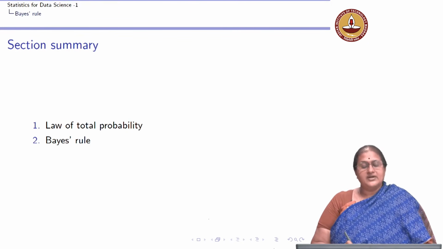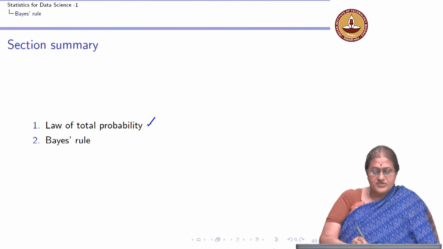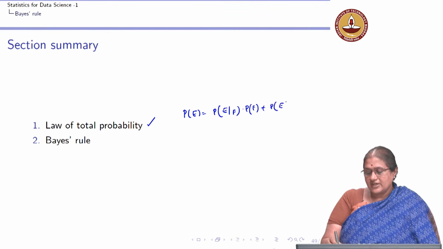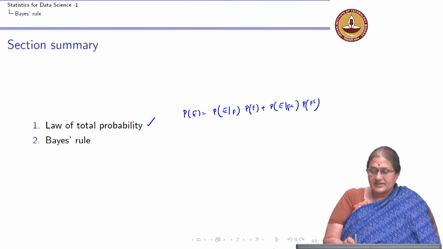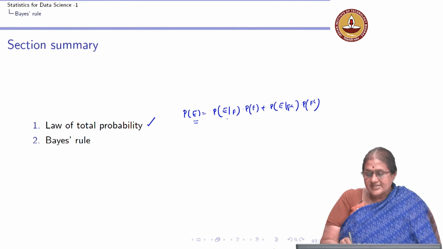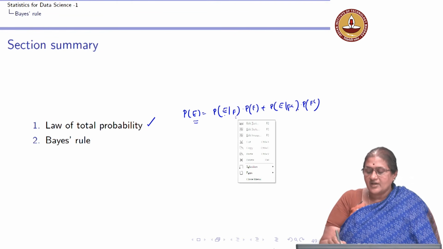So, what we have learnt in this section was, first we learnt what was the law of total probability, which was probability of E is probability of E given F into probability of F plus probability of E given F complement into probability of F complement. In other words, the probability of any event happening is the weighted average of that event conditioned on the occurrence of an event and the non-occurrence of an event.